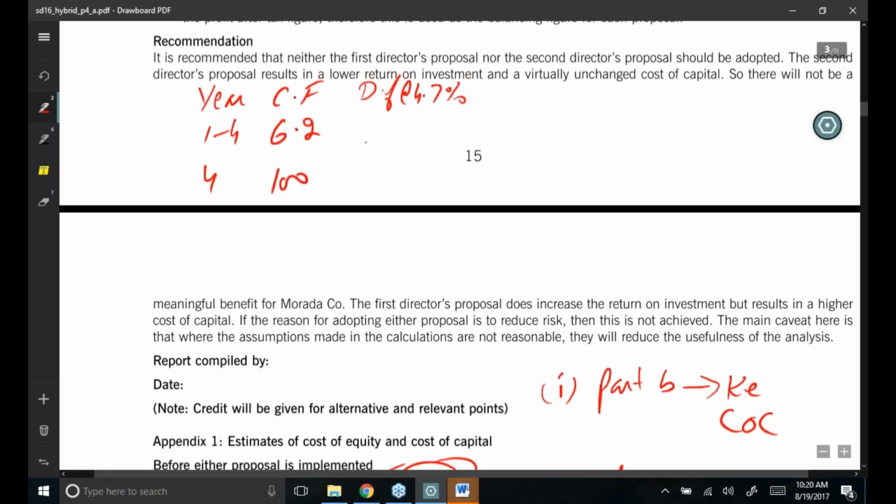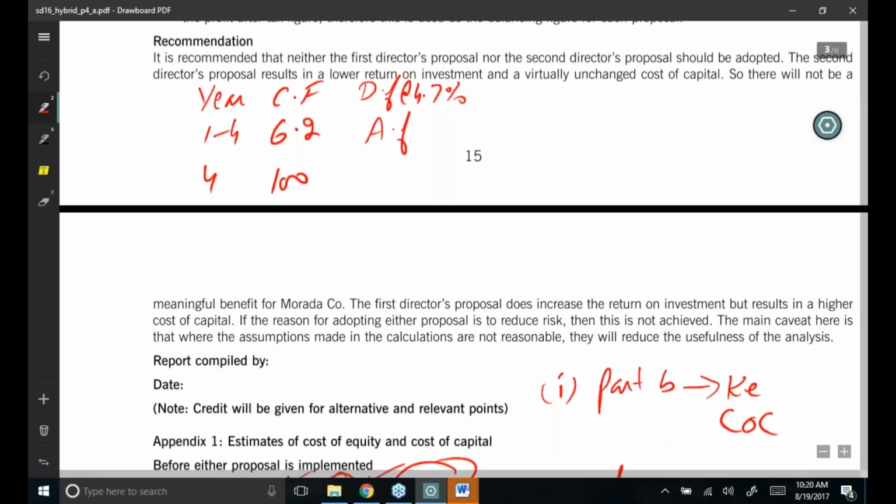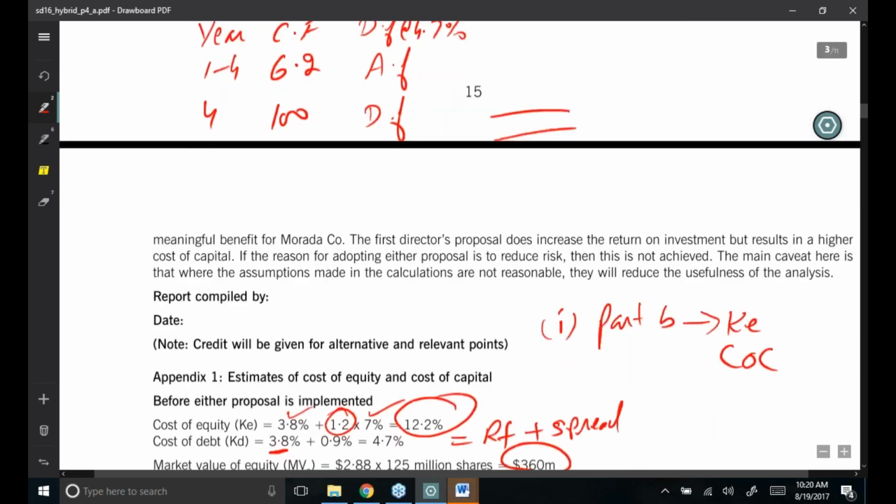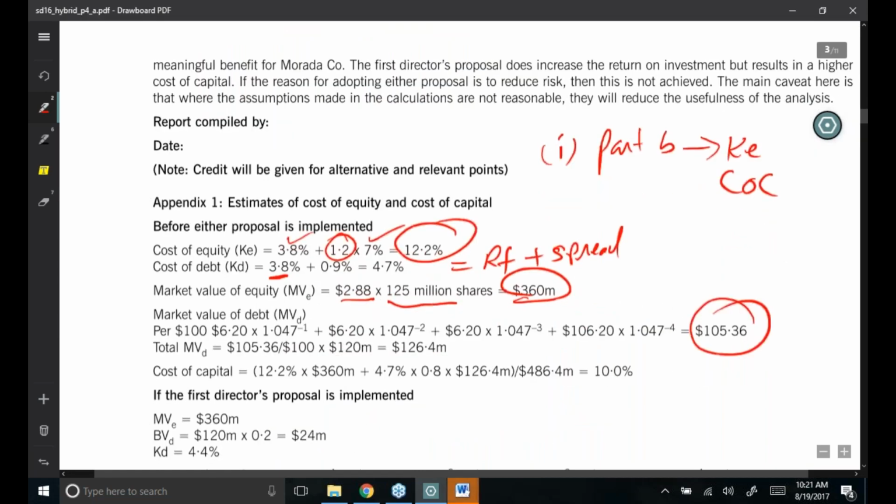So if you discount these cash flows by multiplying 6.2 with the annuity factor and multiplying 100 with the discount factor, the present value is 105.36. The book value of the bond is 120, if you go back to the question, it is exactly there, $120. Multiply it by 105.36 and divide by 100. When you divide the book value of debt by $100, it will be the number of bonds, and when you multiply the number of bonds by the market value, the total market value is 126.4 million.